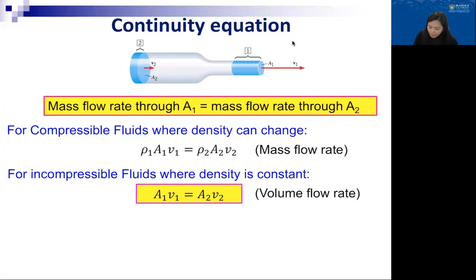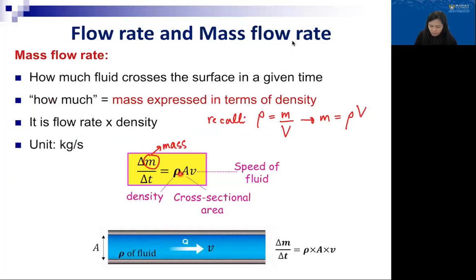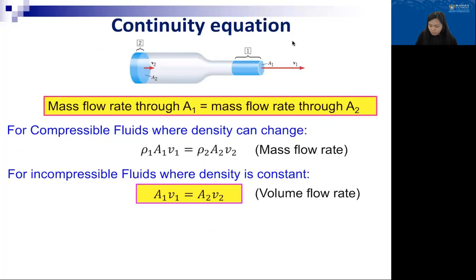Mass flow rate, we defined in the previous slides as density times area times speed. So the mass flow rate, where the area is A1 and the speed of the fluid is V1, should be the same as the mass flow rate when the area is A2 and the speed of the fluid is V2.